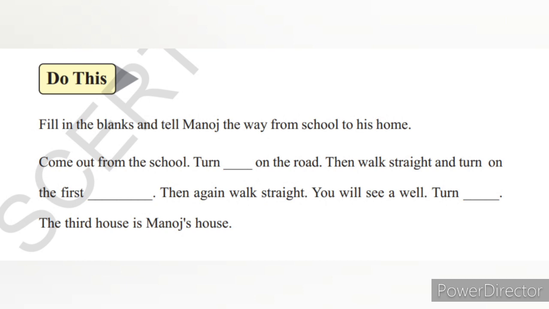The third house is Manoj's house. So already I have told the answers. So you try to write on your own. And here answers also I have written. So just recheck it. Okay. So without seeing, you first write down, and then afterwards you recheck the answers. Okay. So answers will be left, right, left.